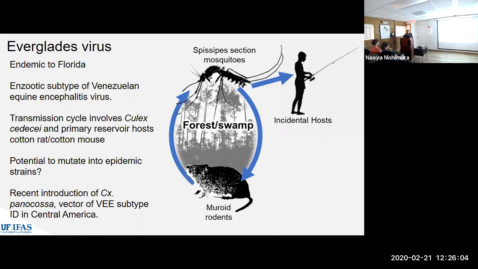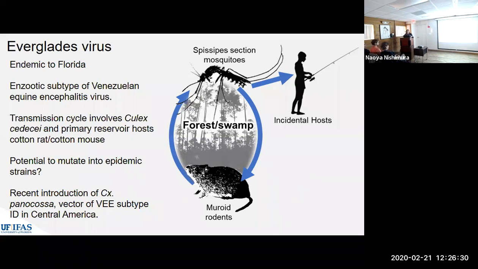An ongoing question with Everglades virus is whether or not there's a potential for it to mutate into epidemic strains, because a lot of the other subtypes of Venezuelan equine encephalitis throughout the Americas have the potential to do this and can affect human and equine populations.